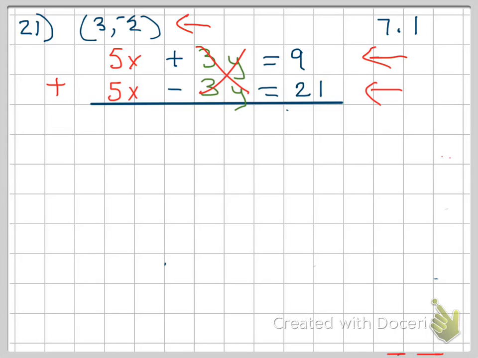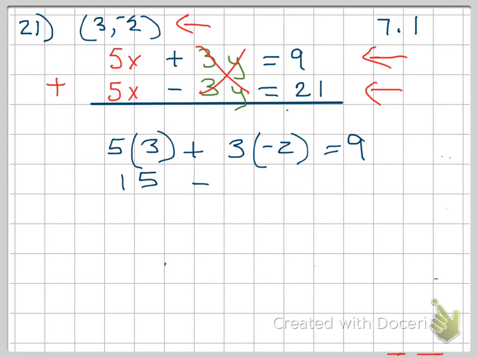So let's start with the top equation. 5 times x, or 3, plus 3 times y, or -2, is equal to 9. Okay, simple math problems for us. 5 times 3 is 15, plus 3 times a -2. A positive times a negative is always a negative, and 2 times 3 is 6.